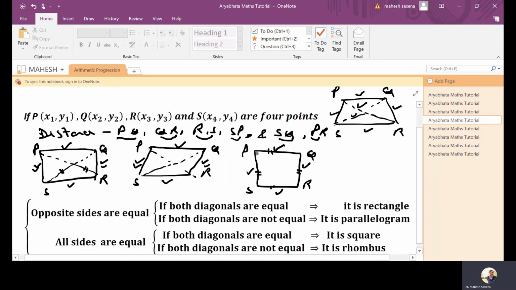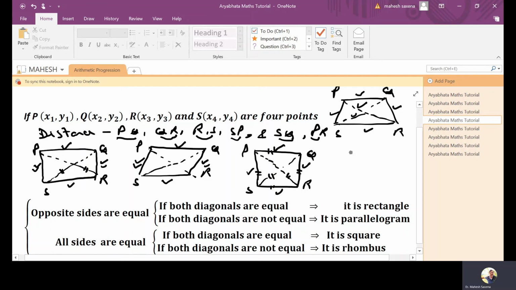And its diagonal PR is also equal to SQ. Then clearly it is a square. Therefore, if all sides are equal and both diagonals are also equal, then the quadrilateral is a square.